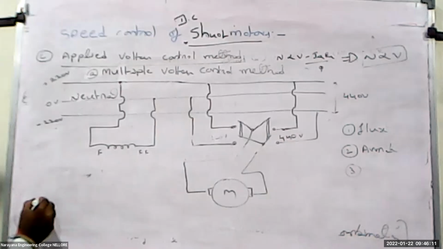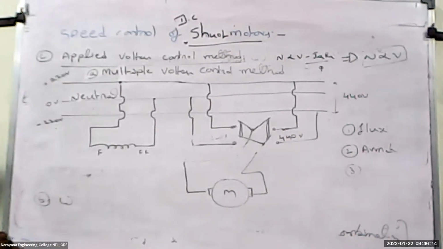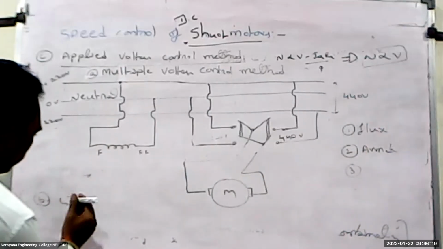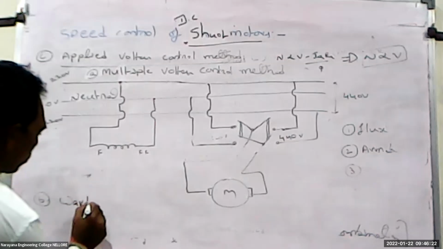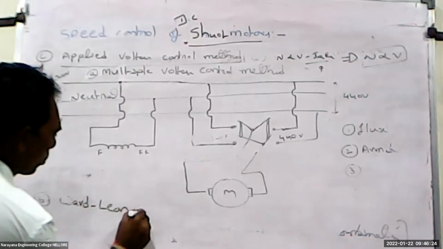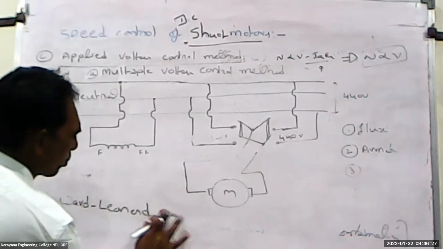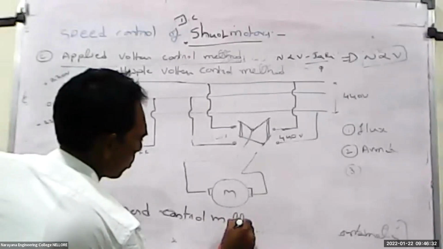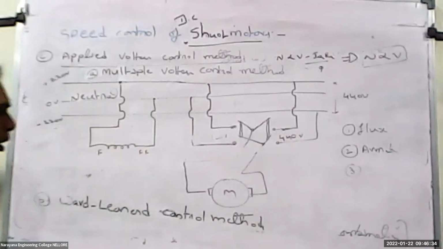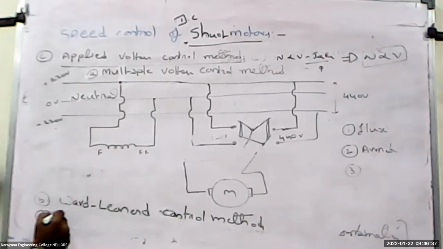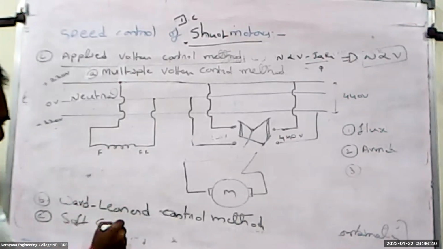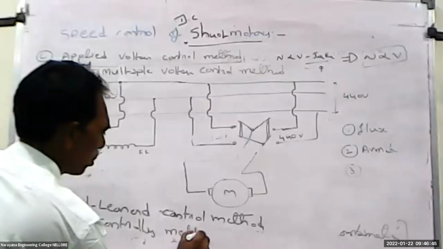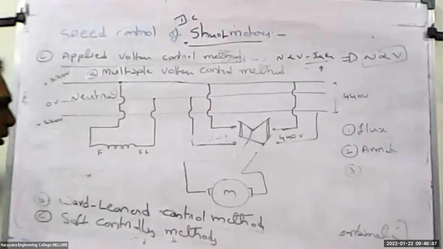And the second one is the Ward-Leonard control method and soft controlling methods.